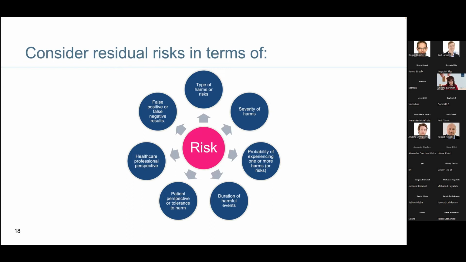What's the patient perspective or tolerance to this harm, and what's the healthcare professional perspective? Also consider false positive or false negative results if it's a device which is supporting your diagnosis. So these are considerations that you should make.